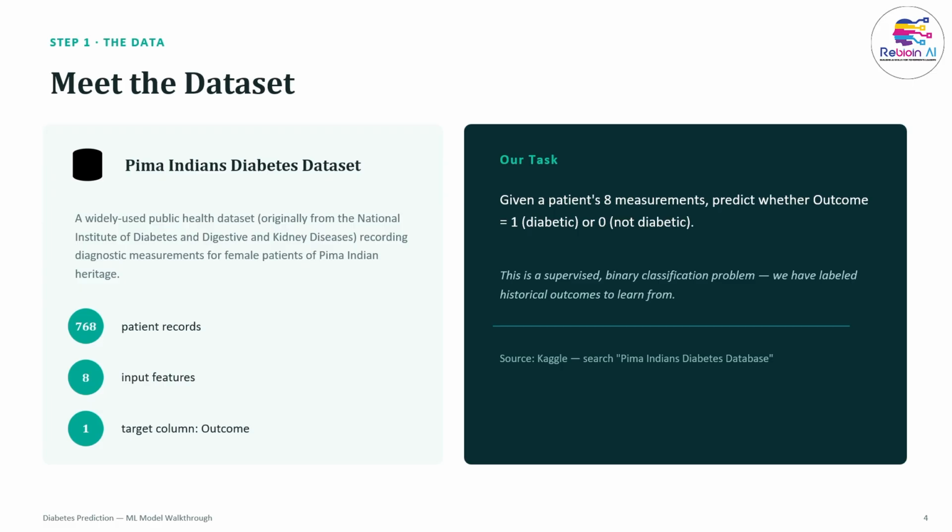Our task is simple to state: given a patient's 8 measurements, predict whether outcome equals 1, diabetic, or 0, non-diabetic, because we have historically labeled outcomes to learn from. This is what's called supervised learning, specifically binary classification.